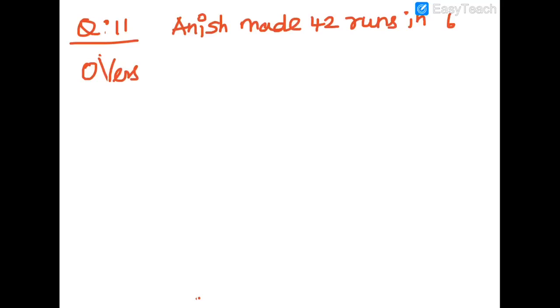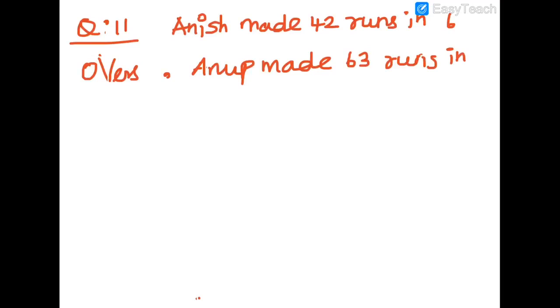And Anup made 63 runs in 7 overs. So who made more runs per over?